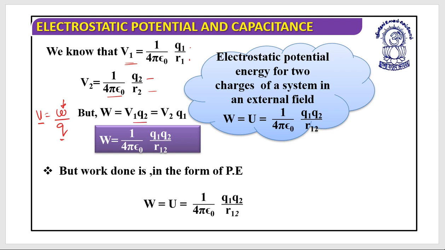So work done is always voltage multiplied by charge. I can write it as v1 into q2, or as v2 into q1. If I replace the value of either of these, the work done, or the potential energy stored, is equal to k multiplied by the first charge multiplied by the second charge divided by the separation between these two charges.